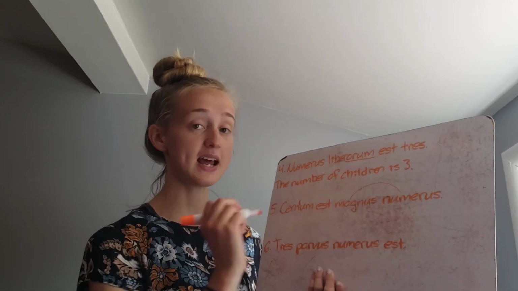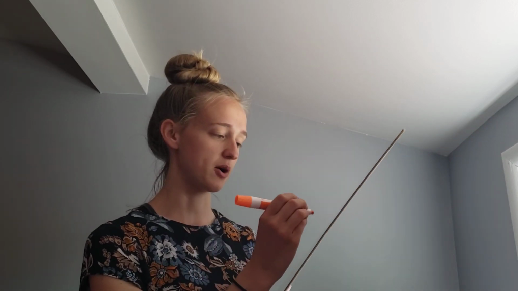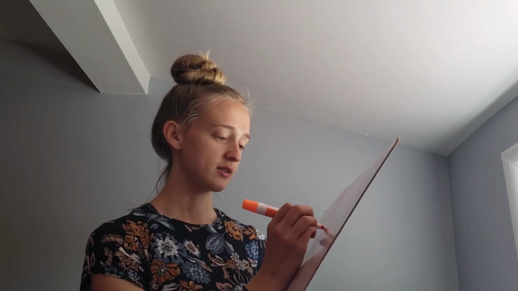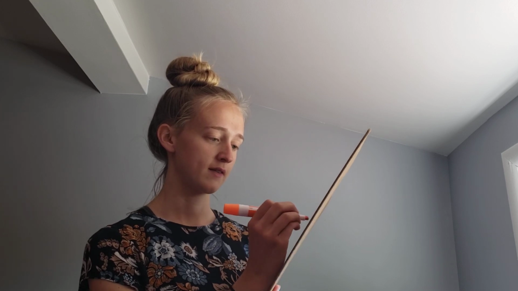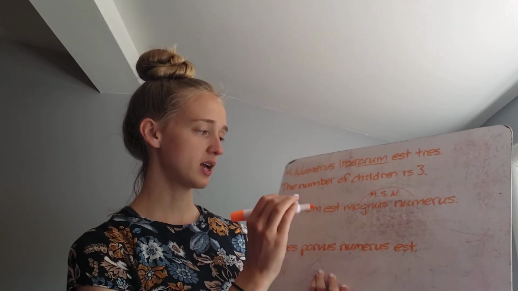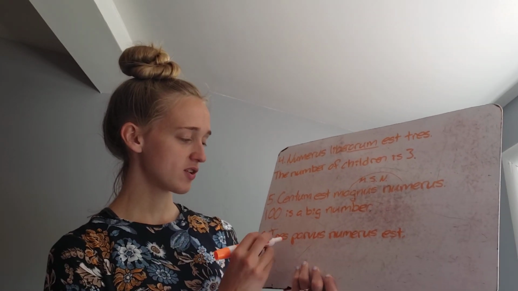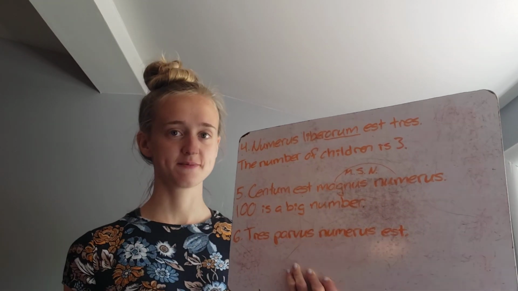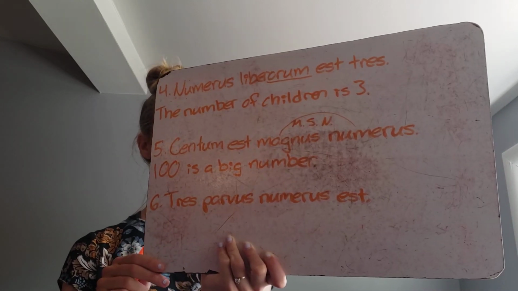We know our adjectives and nouns need to match. And so they are both masculine, they are both singular. In this case, they're both nominative, right? They're not genitive. So 100 is a big number. Okay, and then we have number 6, tres parvus numerus est. What do you notice?